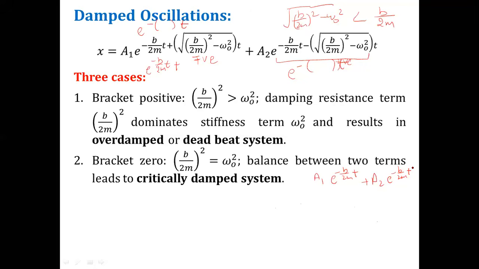Usually, I wouldn't go into the details of the scenario if your roots are equal. In this case, we are saying that both of your roots are equal. In that case, the solution usually you take is of the form a1 plus a2 t multiplied by e raised to power minus b upon 2m t. But I'm not going to go into the details of that.